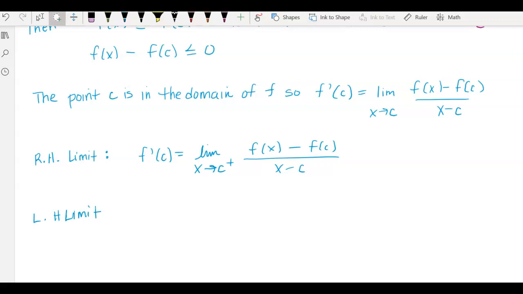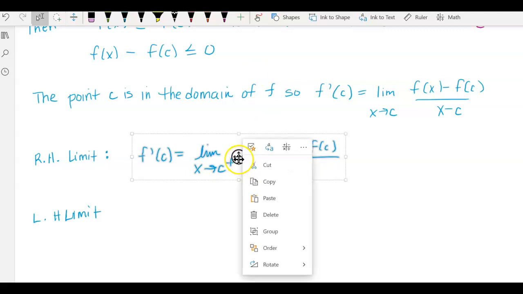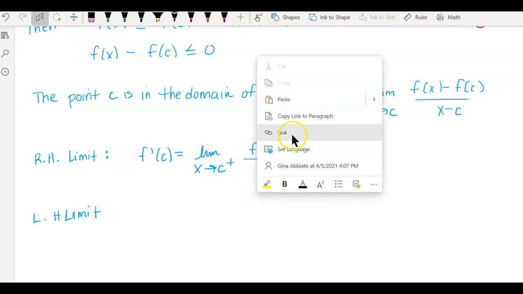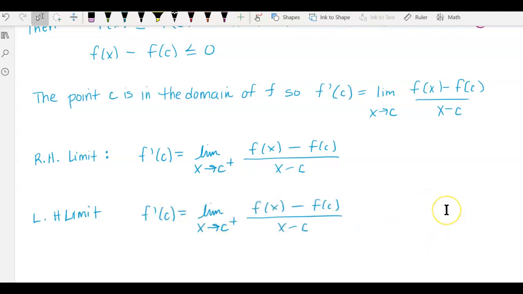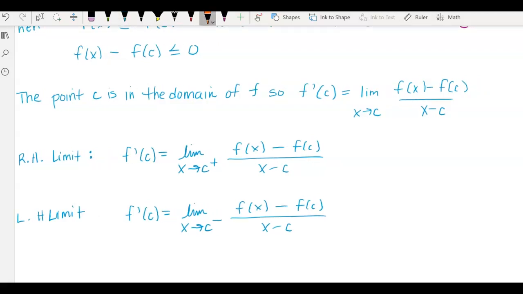It's going to be identical to this, so I'll just copy this. The only difference is that instead of coming from the positive side, it's going to come from the negative side, right? So both of these exist.